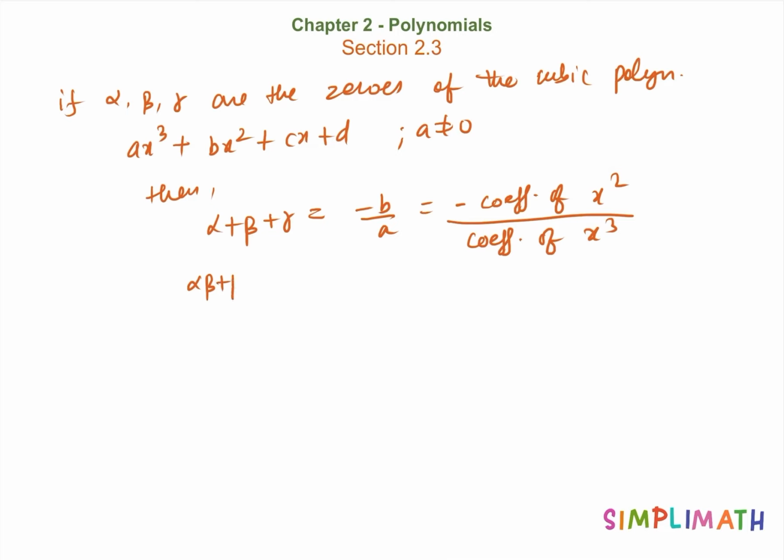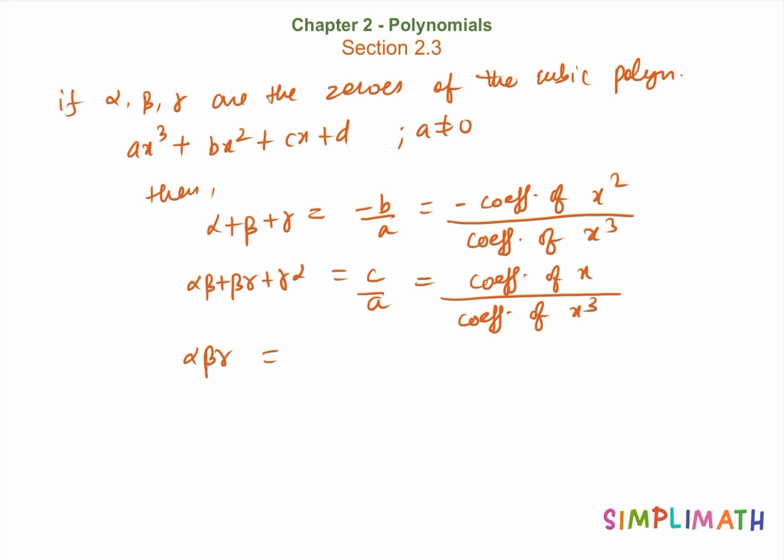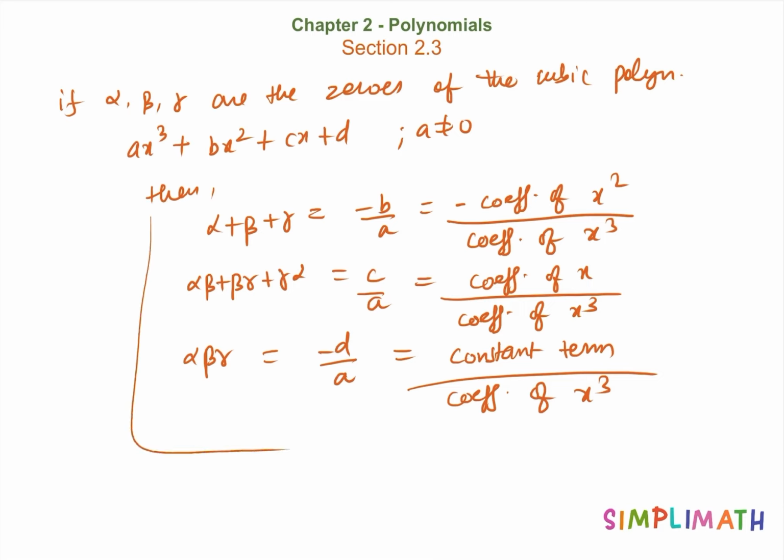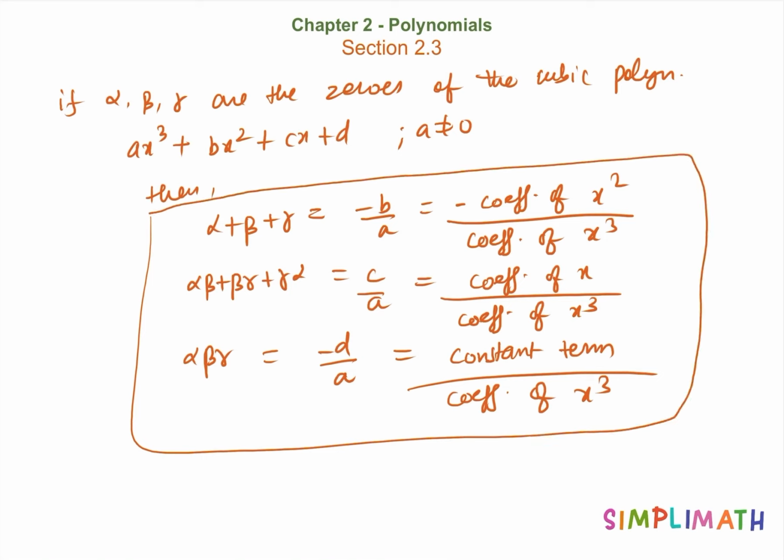Now alpha beta plus beta gamma plus gamma alpha is c by a, which is equal to coefficient of x upon coefficient of x cube, and alpha beta gamma is equal to minus of d by a, which is equal to minus of the constant term upon the coefficient of x cube. So in the case of cubic polynomial, this is the relationship between the zeros and the coefficients of the polynomial.